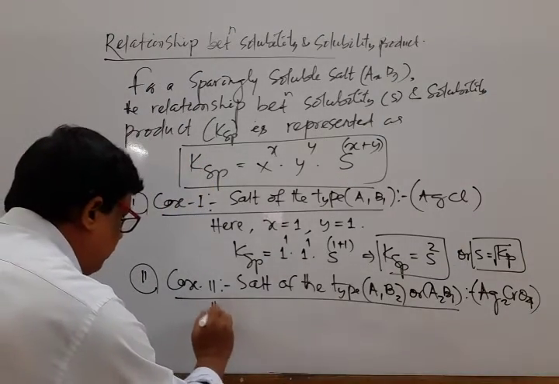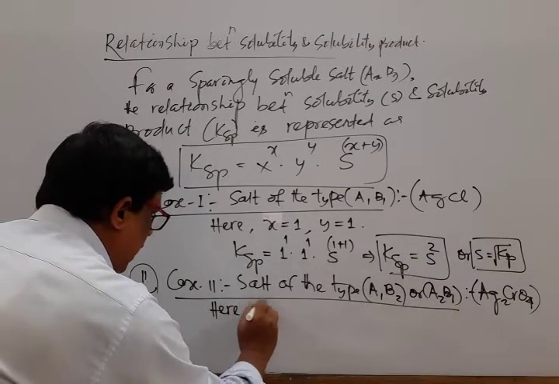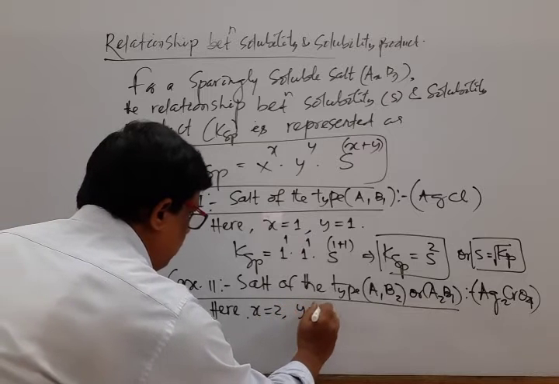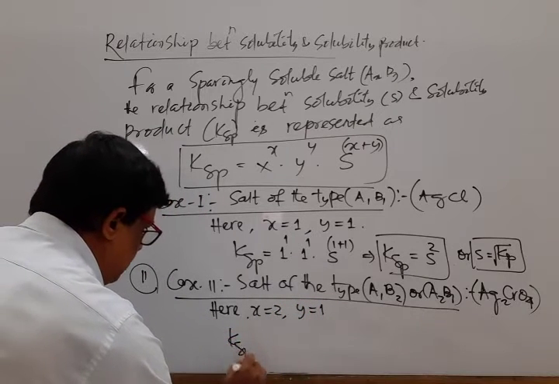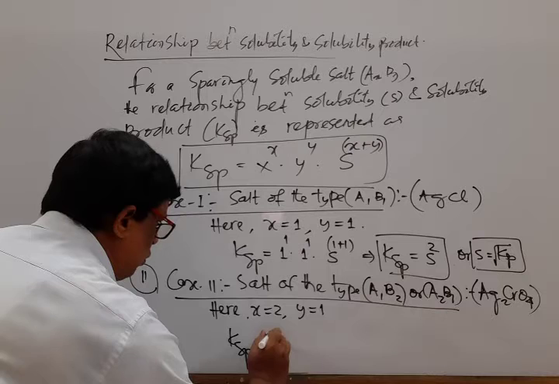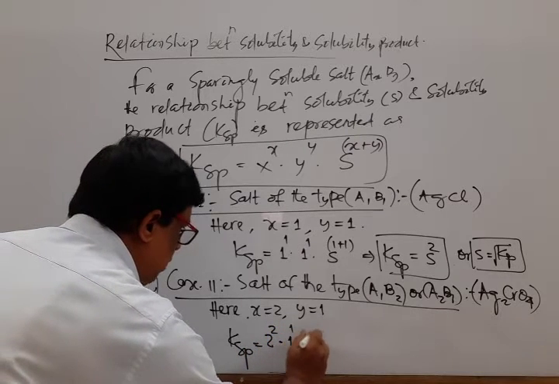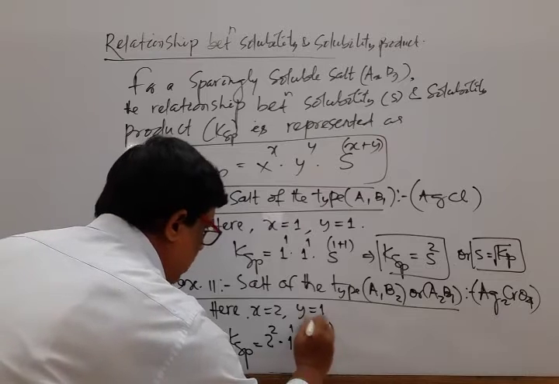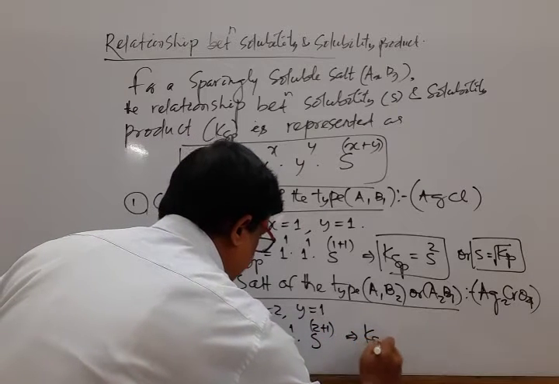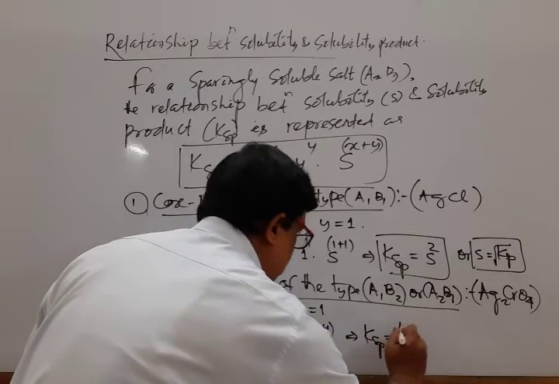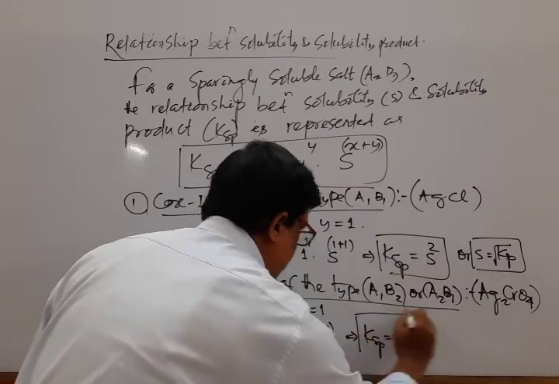So mark that here. x is equal to 2, y is equal to 1. Then Ksp is equal to 2 to the power 2, 1 to the power 1, s to the power 2 plus 1, which implies Ksp is equal to 4s cube. Mark that.